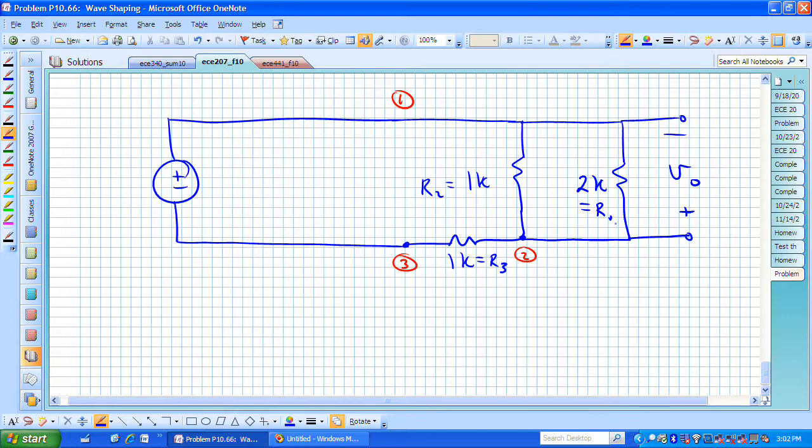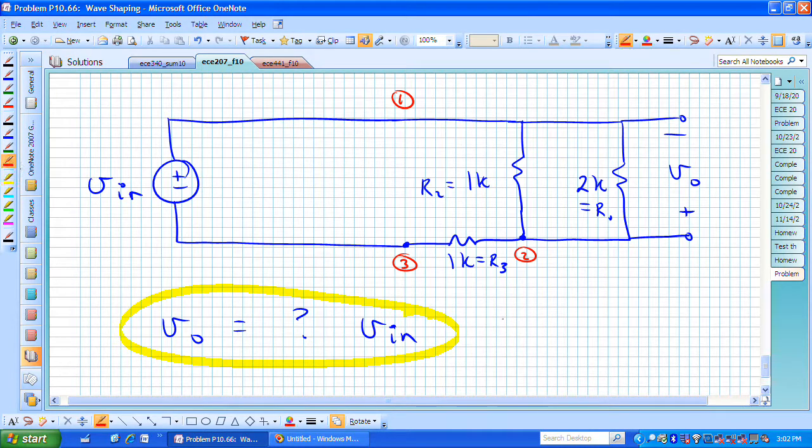And this is Vn. Depending on how you see this, we're trying to find V out is equal to something times Vn. We know that it's probably going to be a scaled version of Vn, and we're trying to now find that relationship.